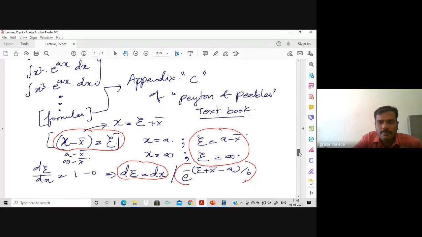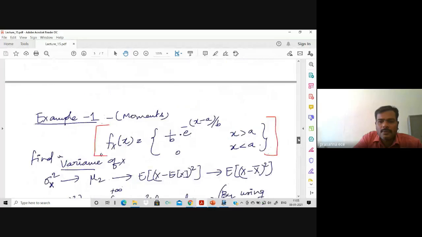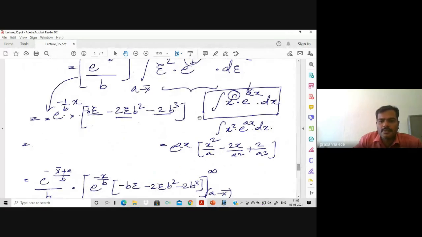This standard form has an expression: the integral of x power n into e power ax dx equals e power ax into the bracket x square by a minus 2x by a square plus 2 by a cube. Once we have this in standard form, we are able to substitute that.